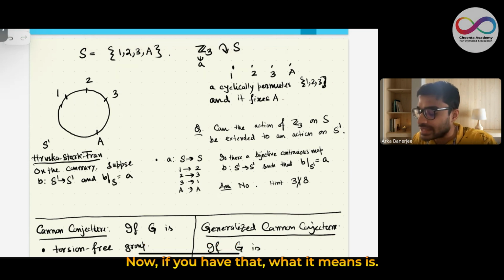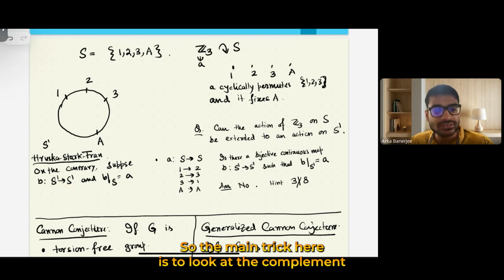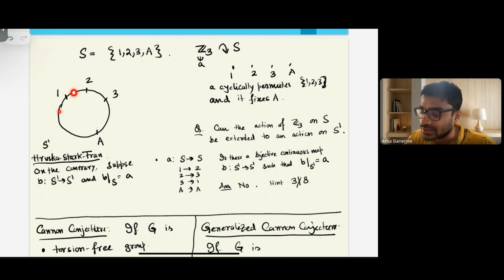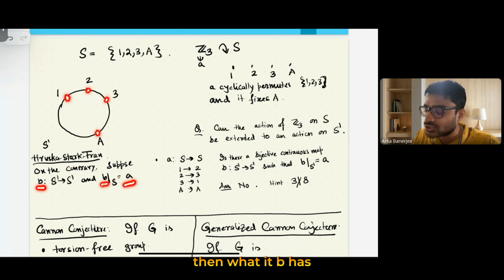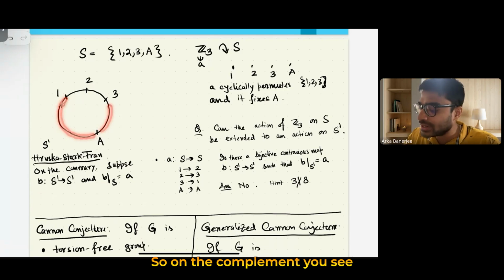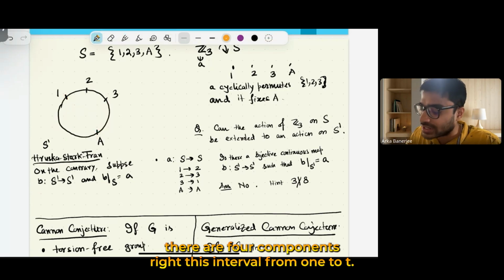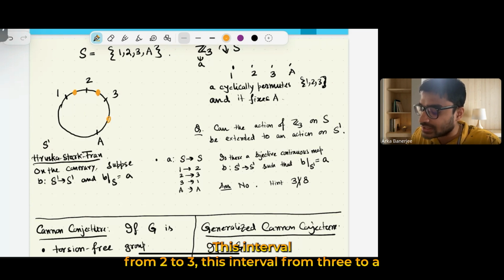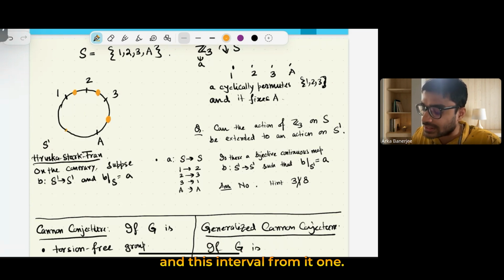Now, if you have that, the main trick here is to look at the complement of this 4-point set. If the restriction of B is A, then B has to act on the complement as well. In the complement, you see there are 4 components, right? This interval from 1 to 2, this interval from 2 to 3, this interval from 3 to A, and this interval from A to 1.